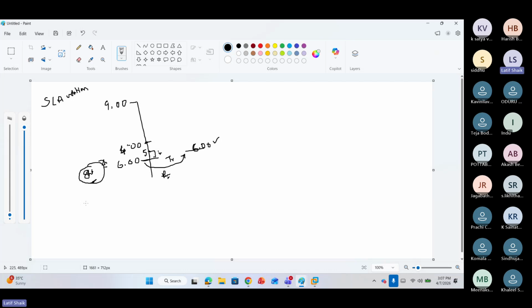If I say I will complete this task in 24 working hours, it means 3 days. 24 hours means 1 day, 24 working hours means 3 days. So there is a lot of difference.